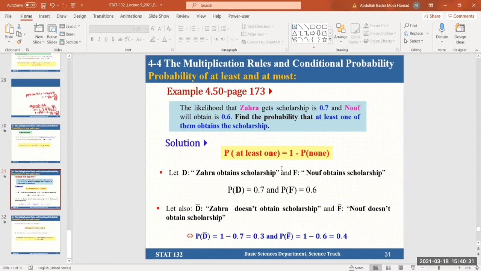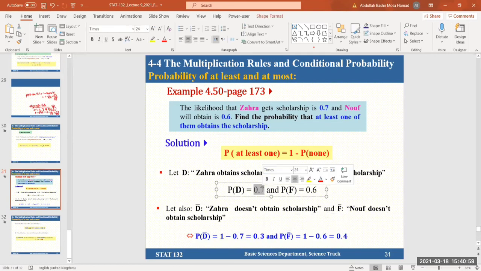Let D be Zahra getting a scholarship and F be Nof getting a scholarship. Now P of D is 0.7 for Zahra, P of F is 0.6 for Nof. P of the complement: Zahra does not obtain a scholarship is 0.3, the complement of 0.7. Nof does not get a scholarship is the complement of 0.6, which is 0.4.